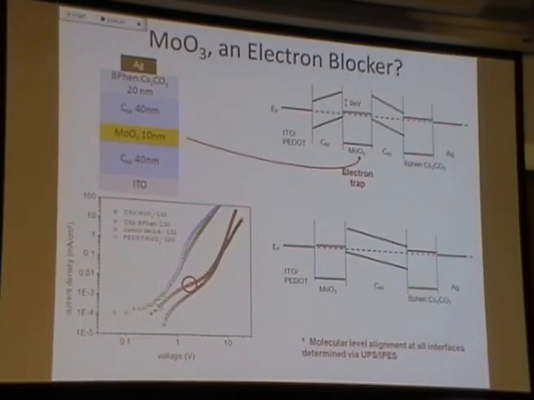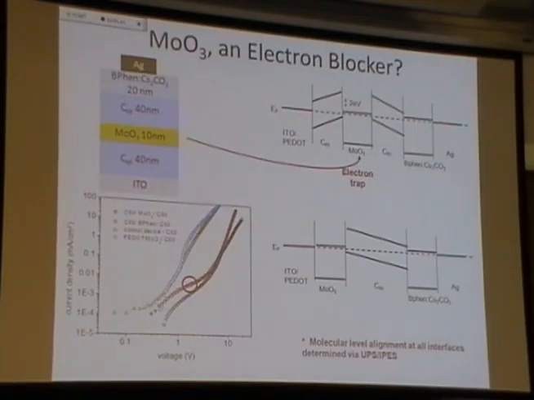So when we move this molly oxide from between the two acceptor layers to the interface, as we would use it in our bulk heterojunction configuration, we're not actually blocking electrons at the contact. But we seem to be changing how we are harvesting our holes. So this is why I use molly oxide. As pointed out, we haven't actually measured relative rates of charge extraction, which is the next step.